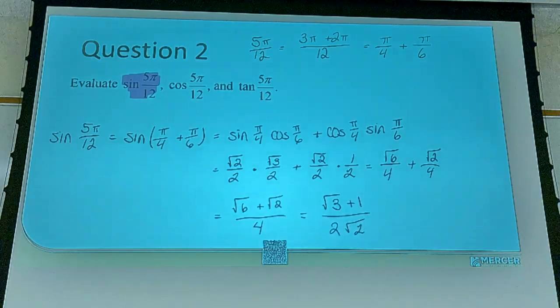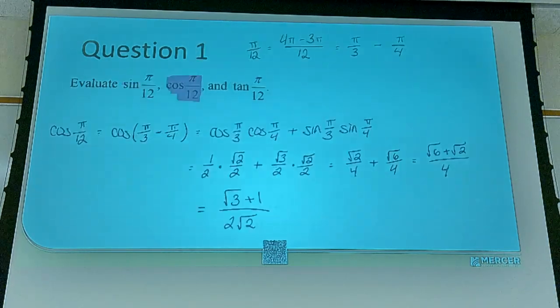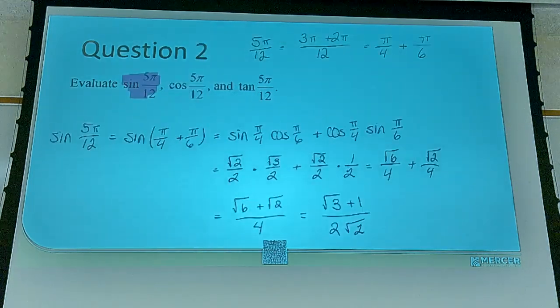Root 6 plus root 2 over 4. That's cosine of pi over 12. That's because I could have also used 5 pi over 12 is pi over 2 minus pi over 12. Then that comes into the co-function identity.